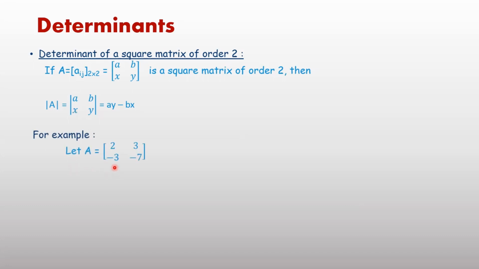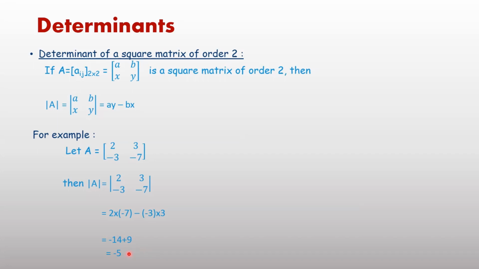For example, if any matrix is given 2, 3, minus 3, 7, you have to find determinant of A. I can easily calculate here: 2 into 7 minus minus 3 into 3, and calculating, you will get 14 plus 9 equal to 23. In this pattern, if any square matrix of order 2 by 2 is given, we can find the value of the determinant.